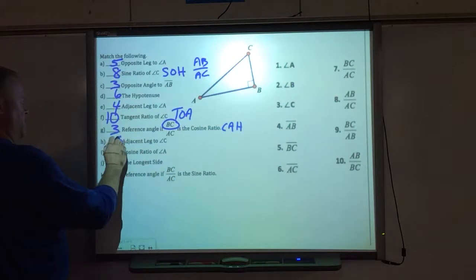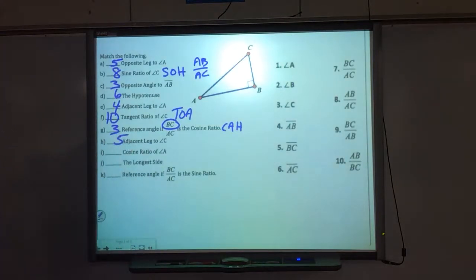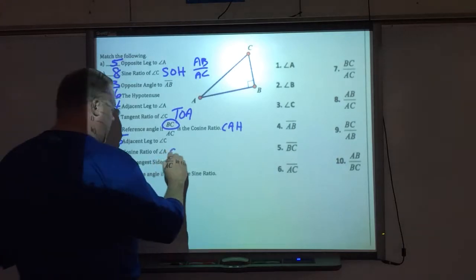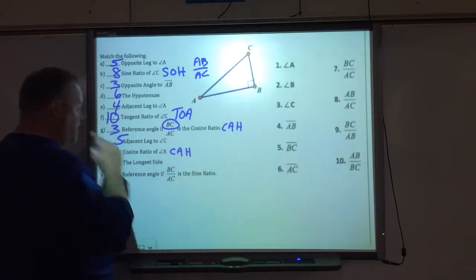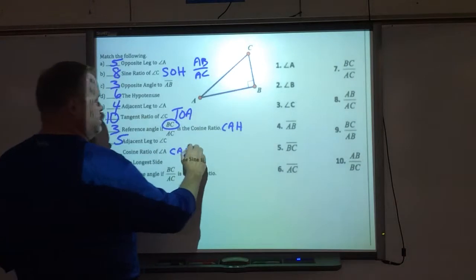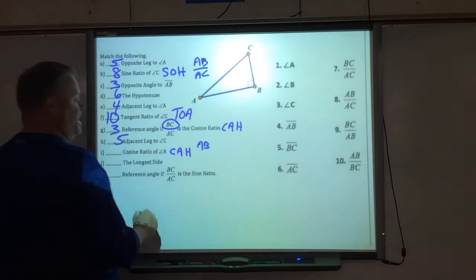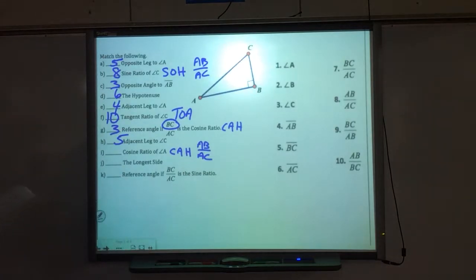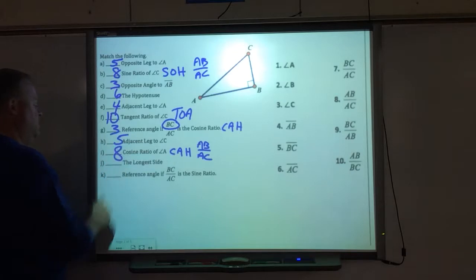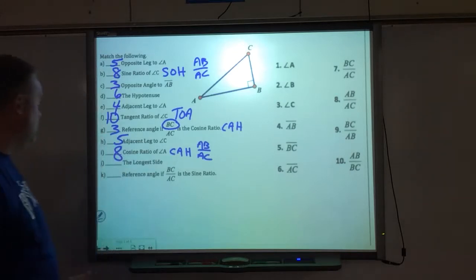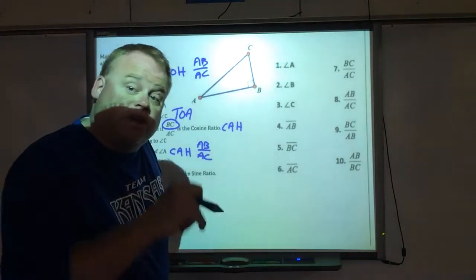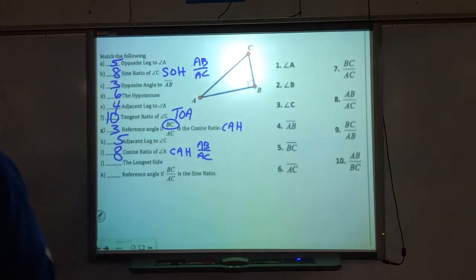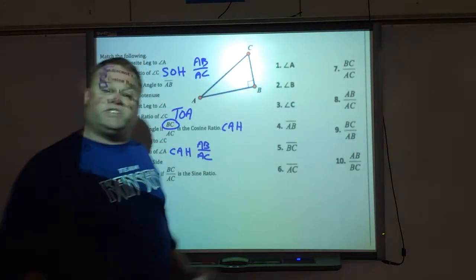That's 5. How about cosine ratio of angle A? Cosine is CAH, so I want adjacent to angle A. Adjacent is AB, hypotenuse is AC. That should be number 8. You're going, wait a second, we've already used that. We have, but it's okay, we can use it twice. What is the longest side?